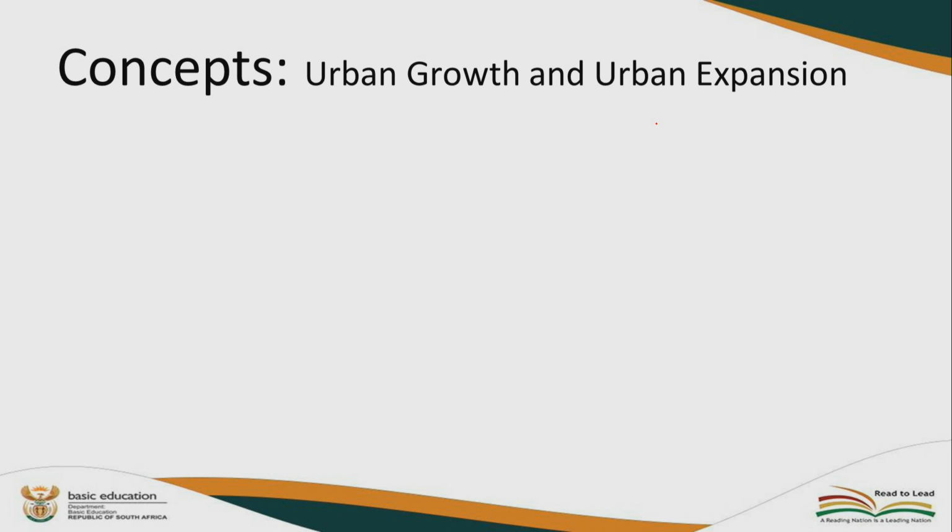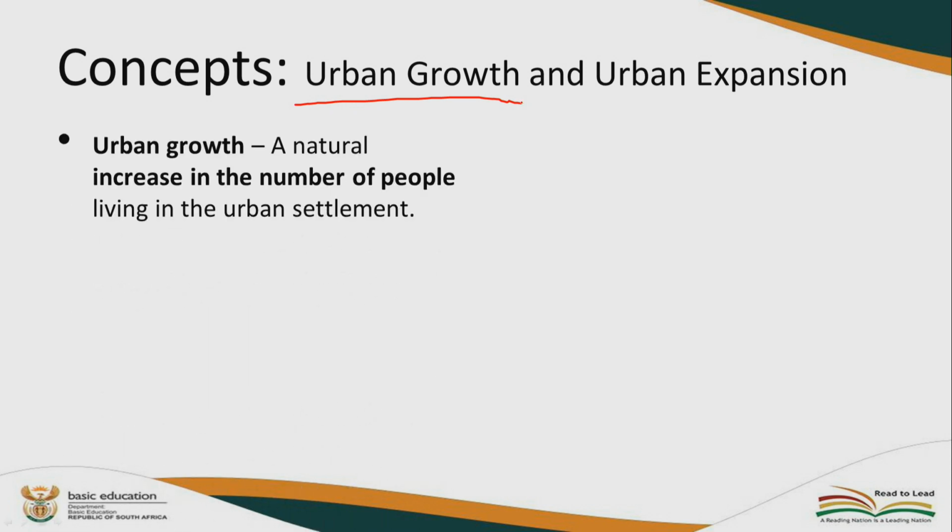Let us look at urban growth. When we look at urban growth, we talk about a natural increase in the number of people living in urban areas. Here there is an increase in the number of people living in urban areas.